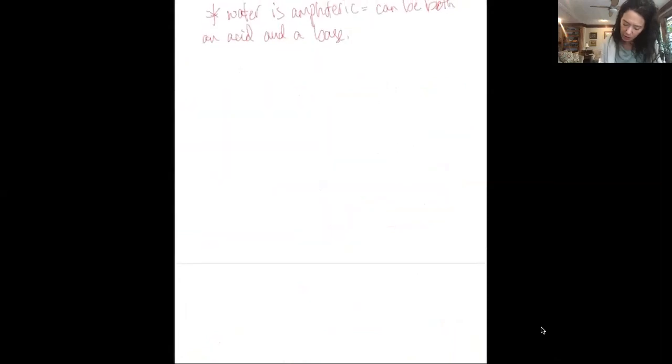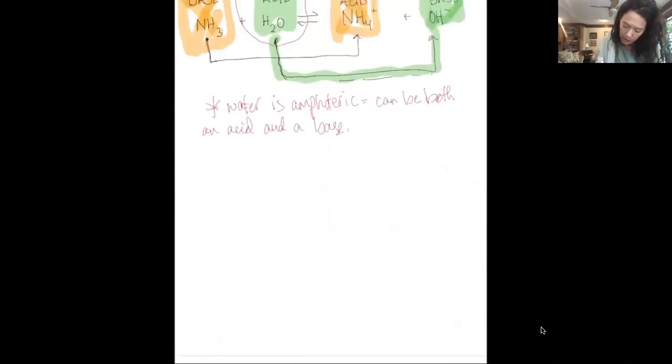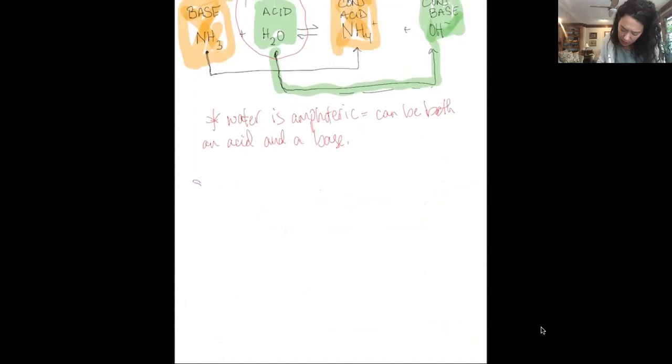Let's go ahead and make sure that you realize that. When a strong acid reacts with a strong base, you end up with a neutral salt and water. So we call this a neutralization reaction.